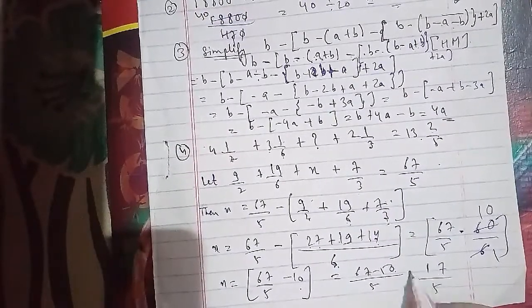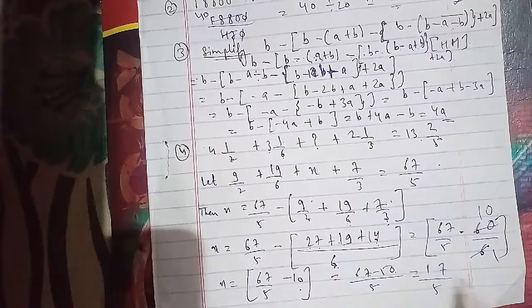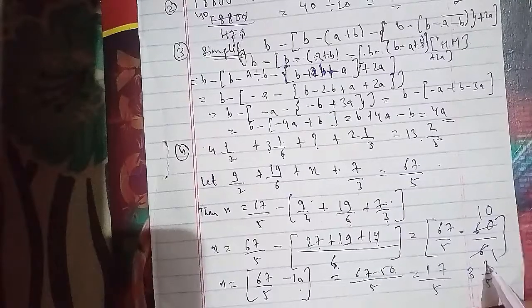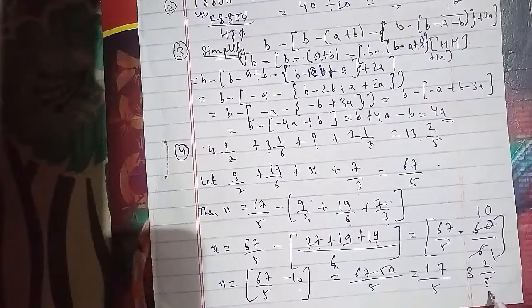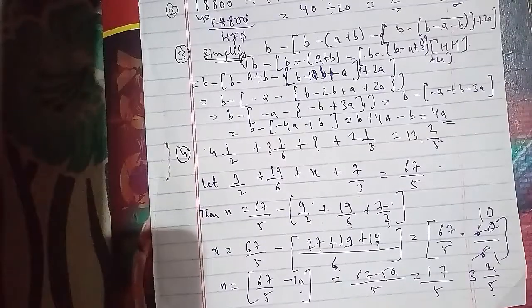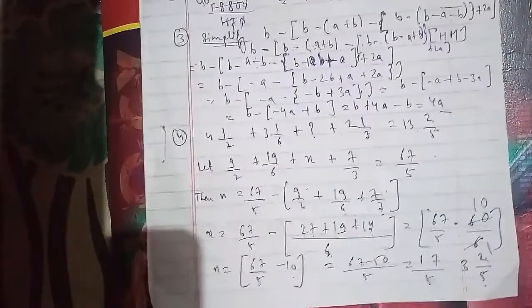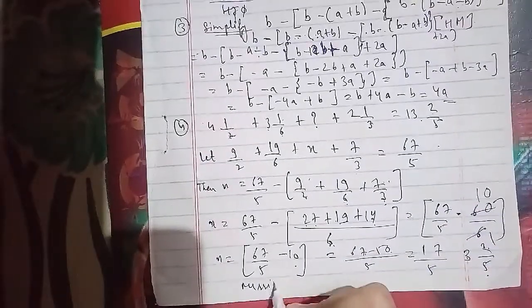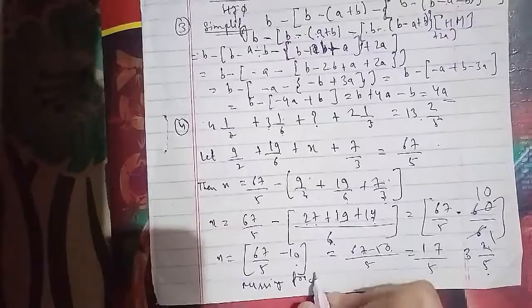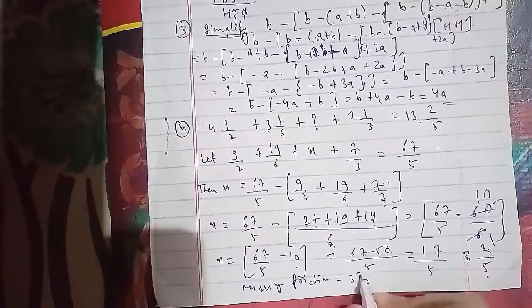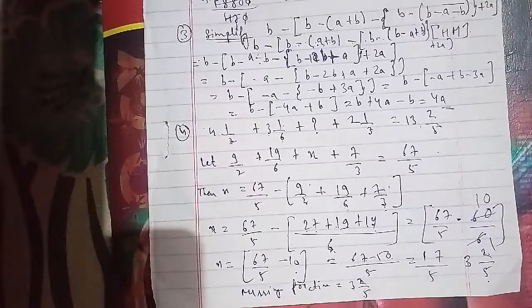So 17 upon 5 we will get, and 17 upon 5 will be written as 5 3s are 15 plus 2, that is 17. 17 upon 5, that will be the right answer. So the missing fraction equals 3 2/5.